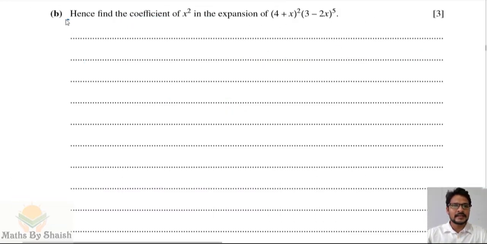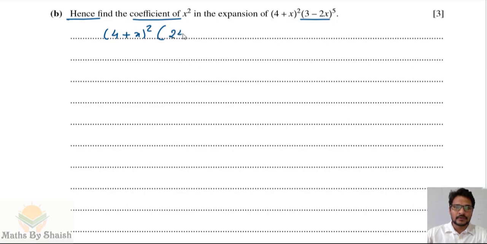And in the B part, hence find the coefficient of x square in the expansion of this. So first of all, the first term is 4 plus x whole square, and for the second term we only require the coefficient of x square, so actually we require only the first 3 terms from the second expansion, and that was from the previous part. We have seen 243 minus 810x and plus 1080x square, plus and so on, which we don't require.